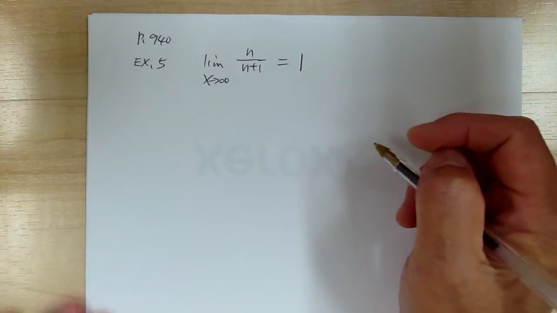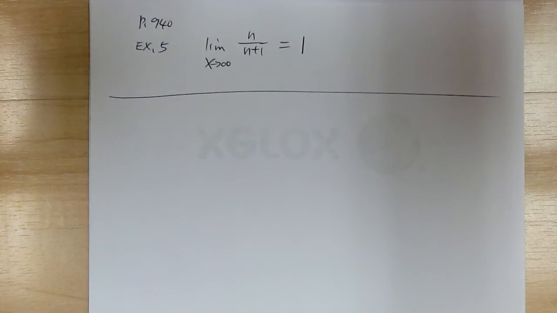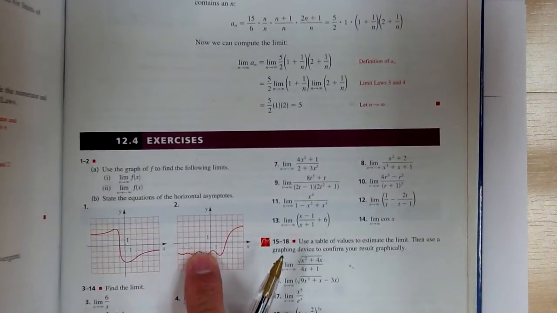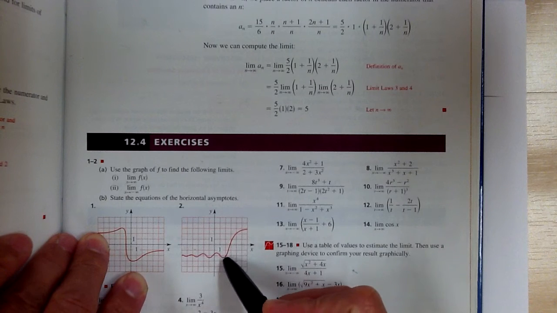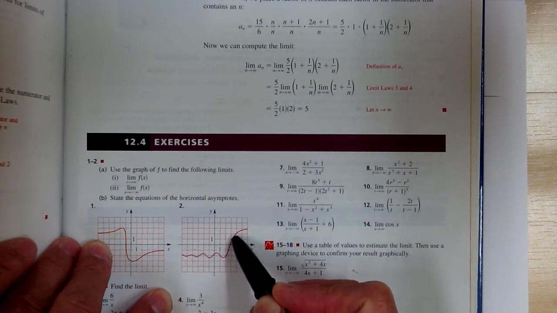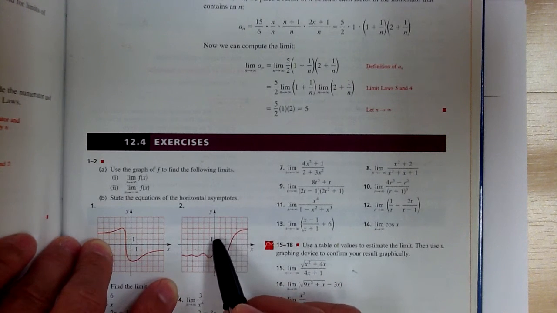Now sometimes you will have a graph. Look at this graph over here, like number 2. When x approaches infinity, the y approaches 3.